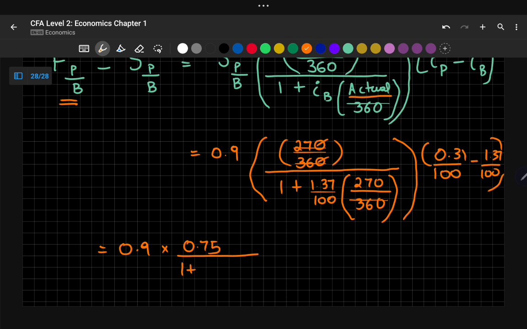So 1 plus 1.37, if I write it in decimal form, 0.0137 into 0.75. Now this would be multiplied with 0.0031 minus 0.0137.